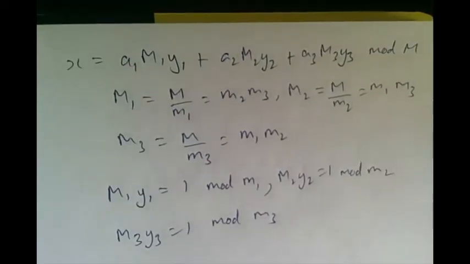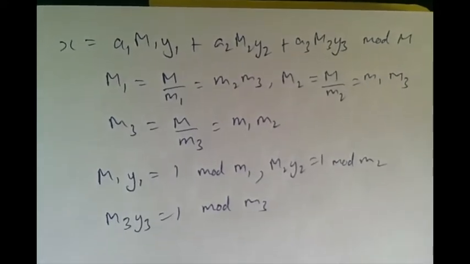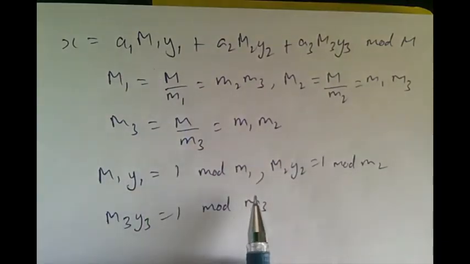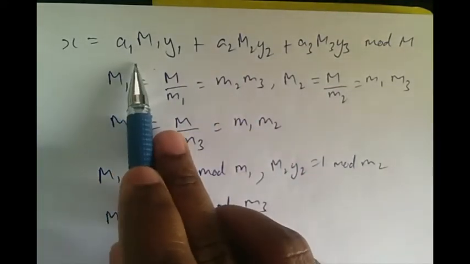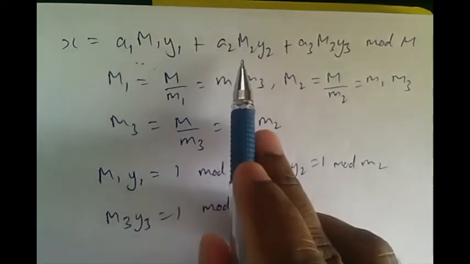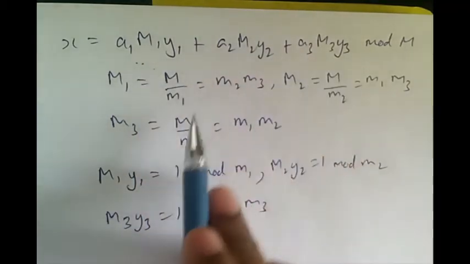Okay. So the claim of the result is that x satisfying x congruent to a1 mod small m1, x congruent to a2 mod small m2, x congruent to a3 mod small m3 is given by this expression here, for the special case of L equals 3: a1 M1 y1 plus a2 M2 y2 plus a3 M3 y3.